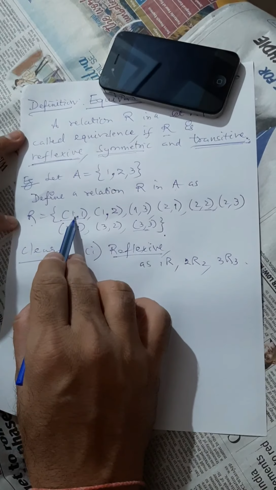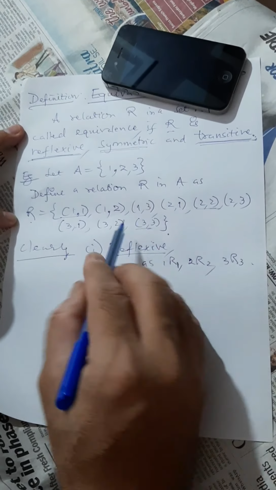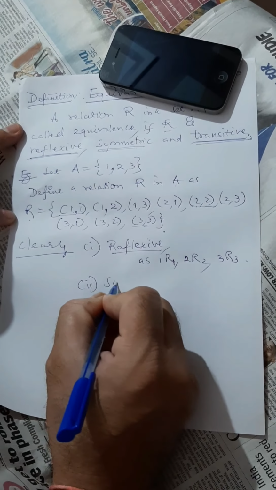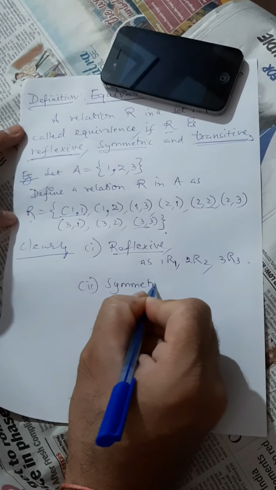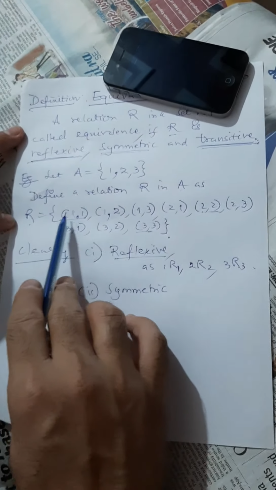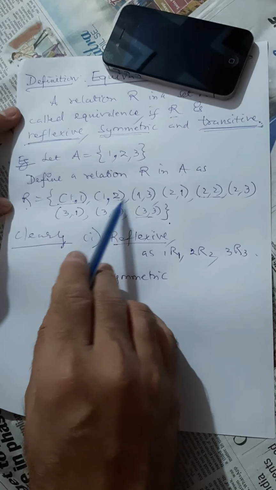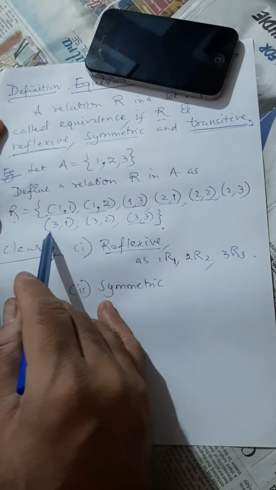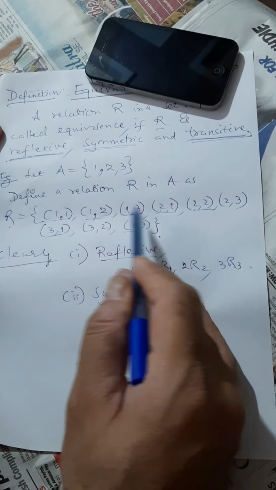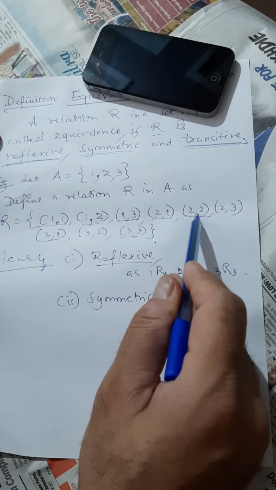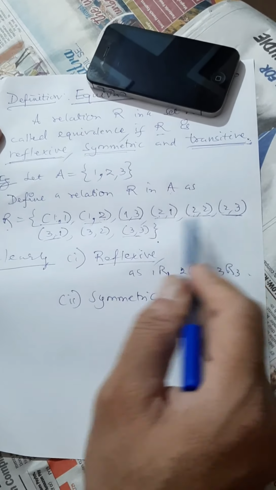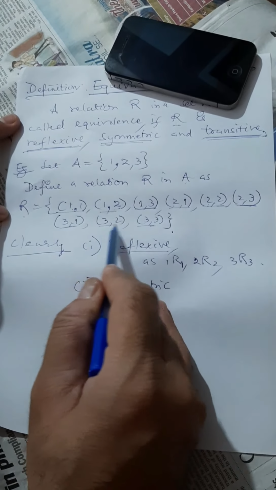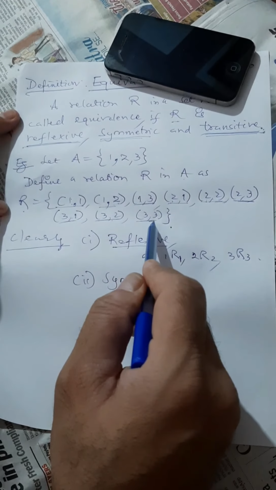Symmetric, let's check the symmetric property. 1, 1 reverses itself. 1 comma 2 is there, 2 comma 1 is there. 1 comma 3 is there, 3 comma 1 is there. 2 comma 2 reverses itself. 2 comma 3, 3 comma 2. 3 comma 3 reverses itself.